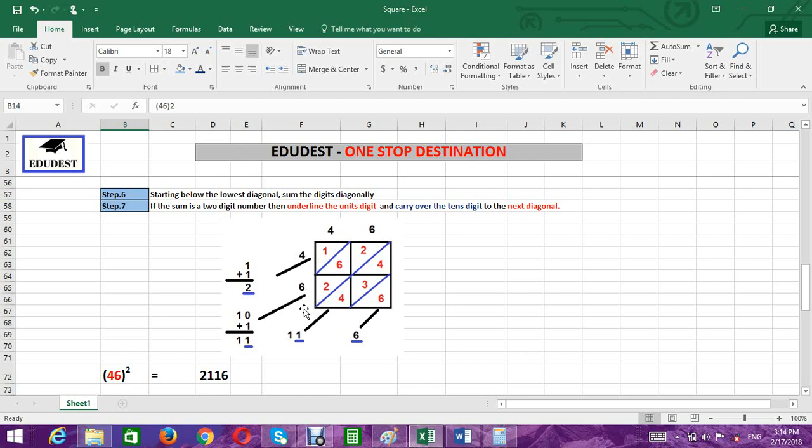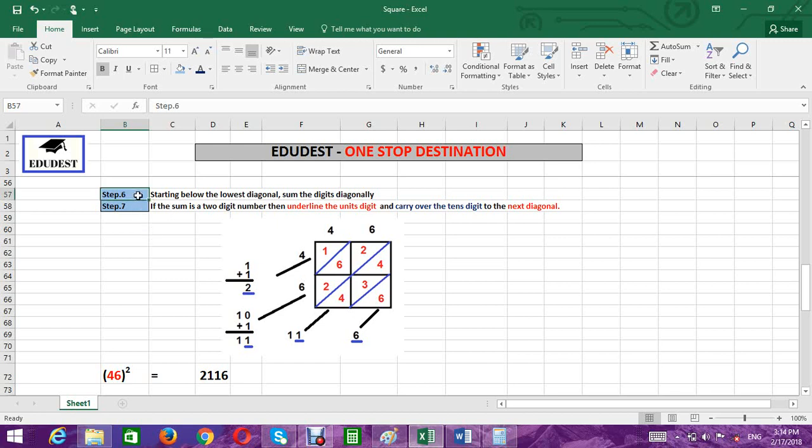Then we multiplied each digit on the left of the square with each digit on the top of the square, one by one. That means 4 4s are, 4 6s are, 6 4s are, 6 6s are. Now let's check step 6.